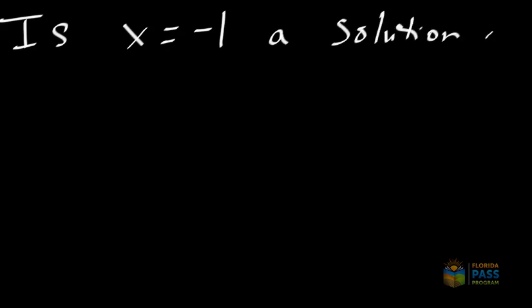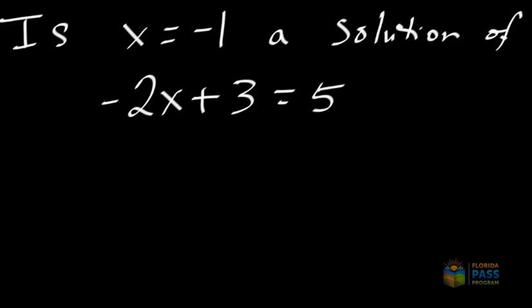Let's try it again. Example number 2. Is x equals negative 1 a solution of 2x plus 3 equals 5? So now, everywhere I see an x, you're going to plug in negative 1. So let's rewrite the problem. 2x plus 3 equals 5.